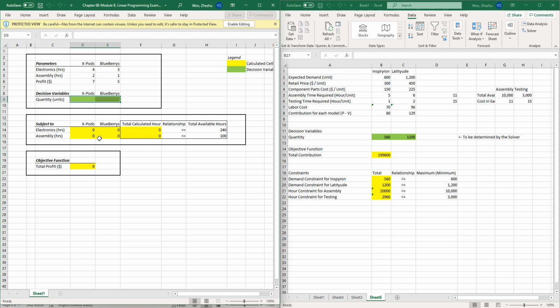And I think we have more than two constraints in this particular problem, because not only do we have maximum hour limits, we also do have a demand cap. We don't want to go more than a certain number of demands. So yeah, as you can see, different problem, but with almost identical structures.